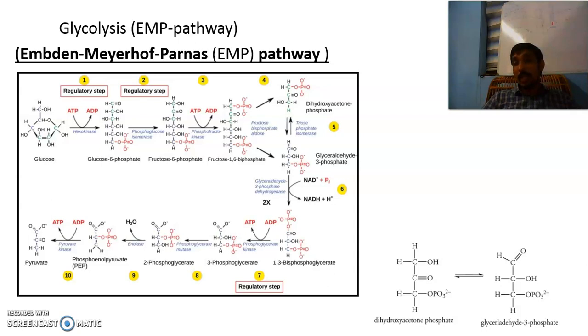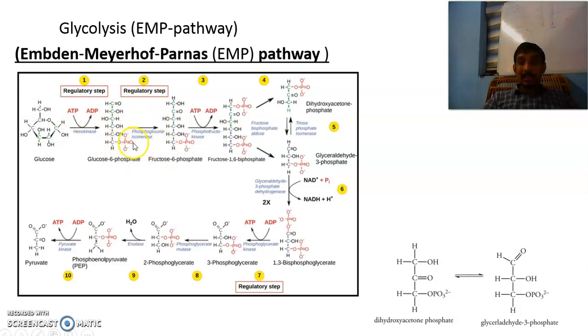That is, compounds having the same molecular formula but different structure. Glucose and fructose have the same molecular formula C6H12O6, but their molecular structure differs. That is why they are known as isomers. So here glucose 6-phosphate and fructose 6-phosphate are isomers.